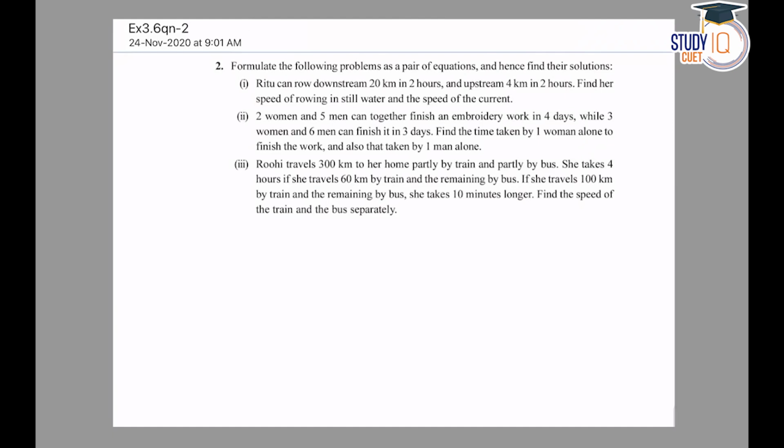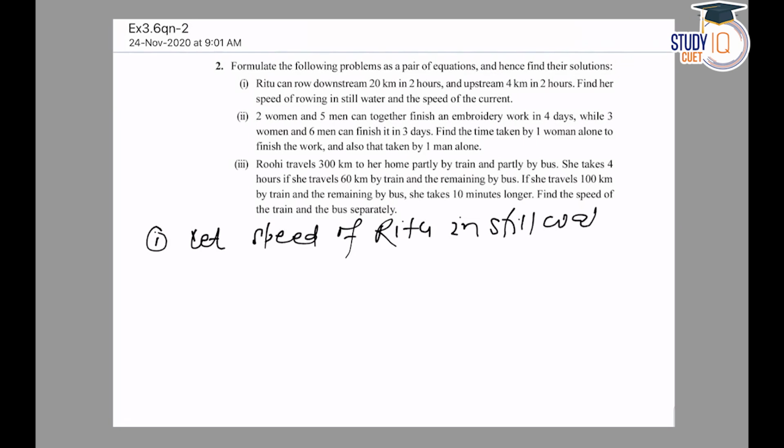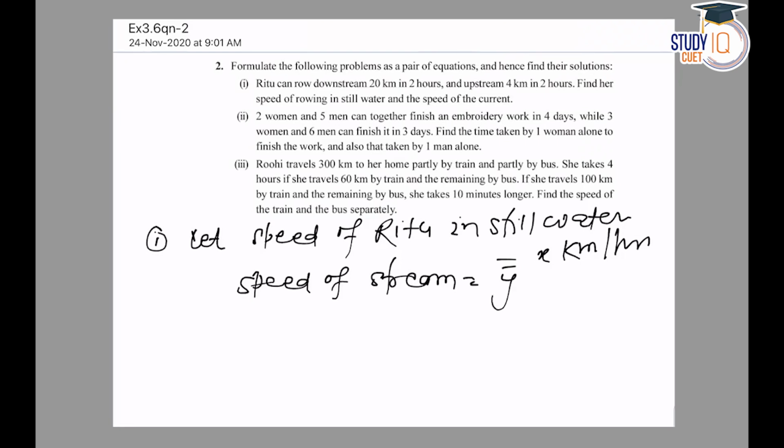So for the first question, let speed of Ritu in still water is x kilometer per hour and speed of stream equals to y kilometer per hour.